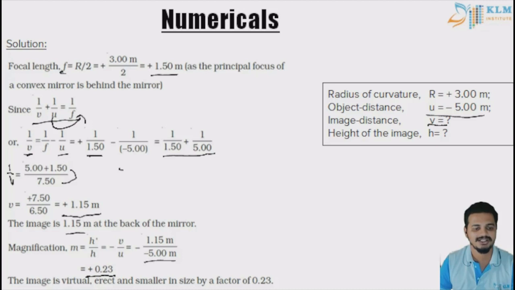The image is virtual and erect. How do you tell the image is virtual? Here you can see there is a positive sign and it is smaller in size by a factor of 0.23. This is the magnification which you just found out.